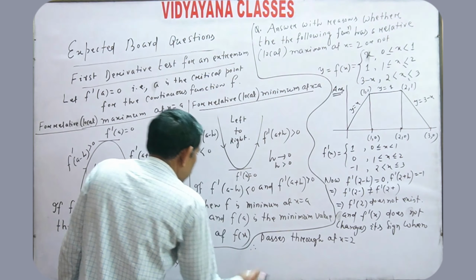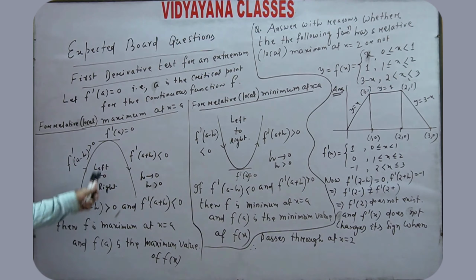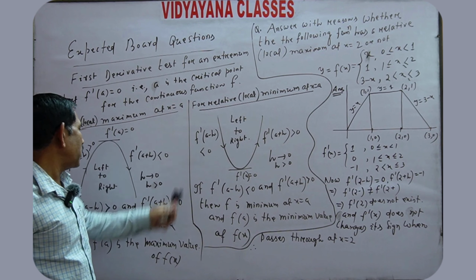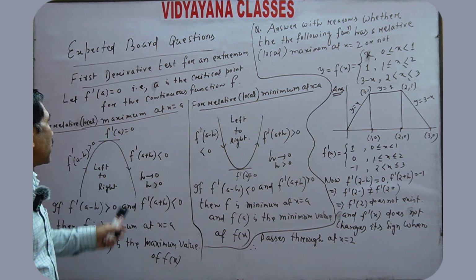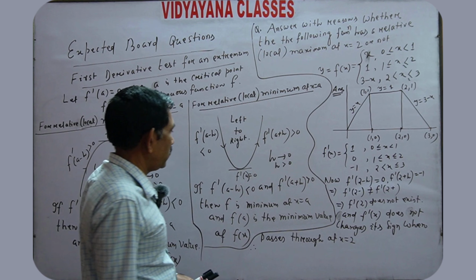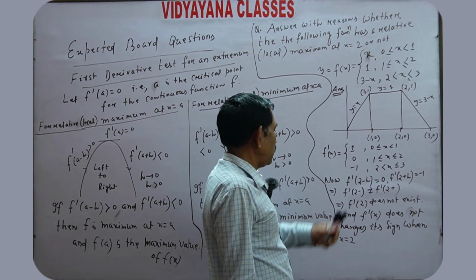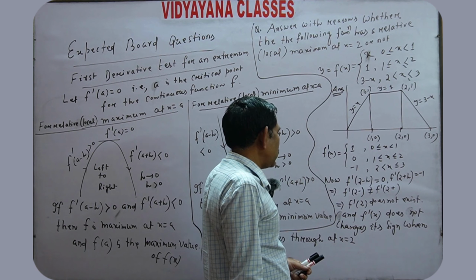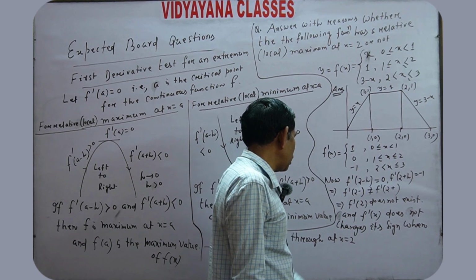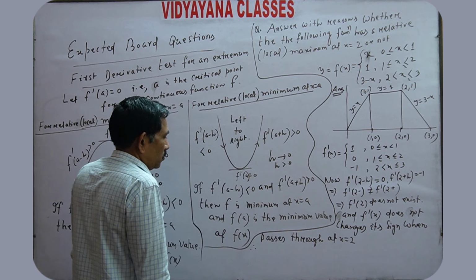Therefore, if the derivative changes its sign moving from left to right at x = a, then it is either a maximum or minimum point. But here the derivative does not change its sign when it passes through x = 2.